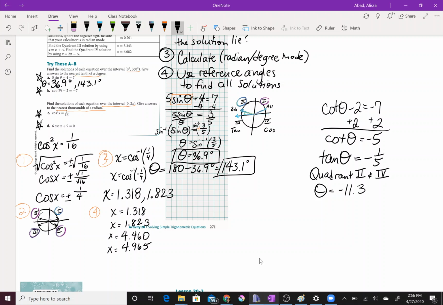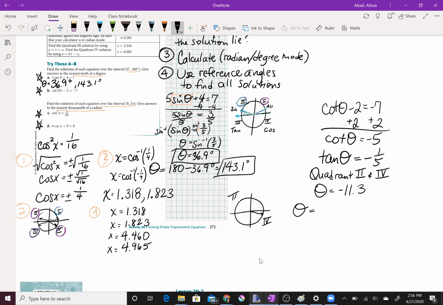Now, let's use our reference angles to find all the solutions. If I'm trying to find it for quadrant 2 and quadrant 4, first, -11.3 is going to be in quadrant 4, since you're going in the negative direction. So we've already found where that will be for quadrant 4.